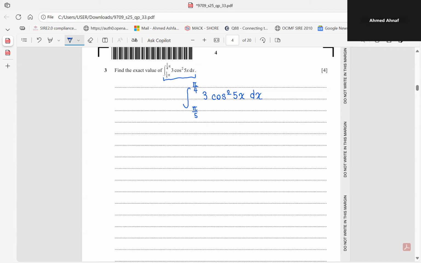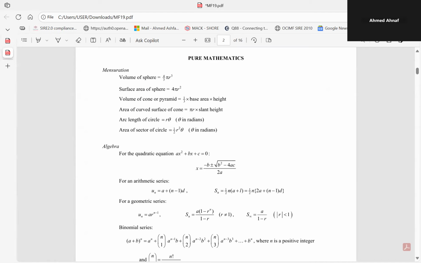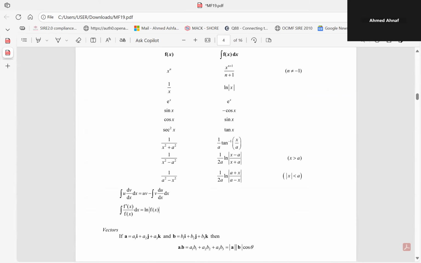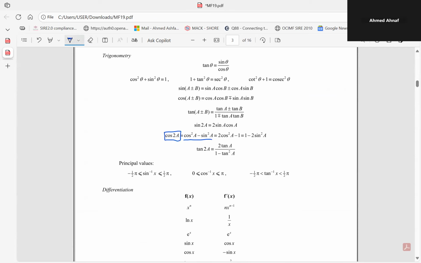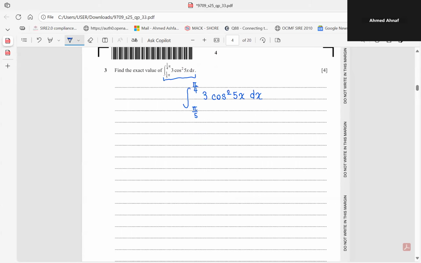So you can actually use your double angle formula from your MF19 for cosine. So it's right here. You can see cosine 2a is equal to either this, this, or this. Since we're dealing with cosine square, we're going to choose this. I'm just going to write it up here.